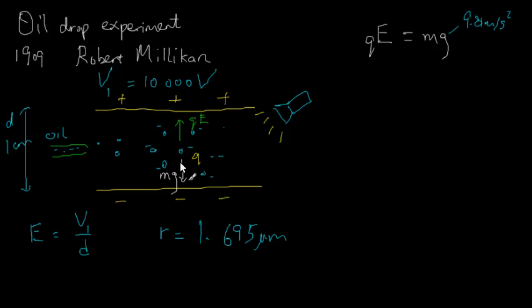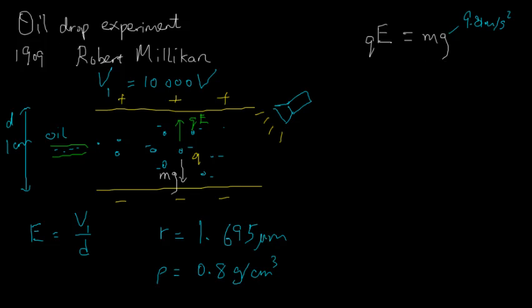That's the radius of that tiny droplet there. And suppose that the density of the oil has been measured separately, and that was 0.8 grams per cm cubed. So once we have this, we have enough information to calculate the mass.